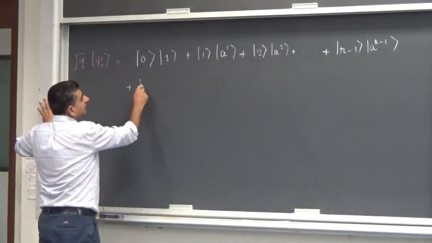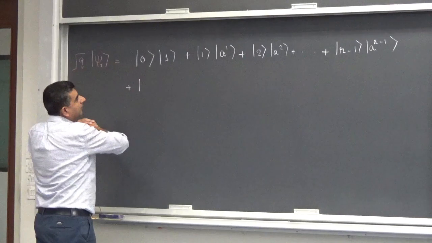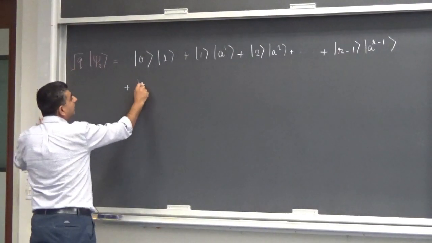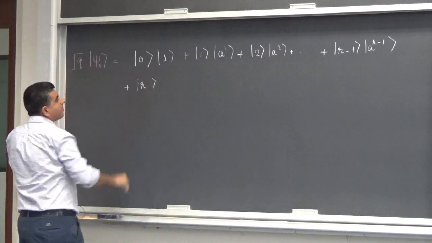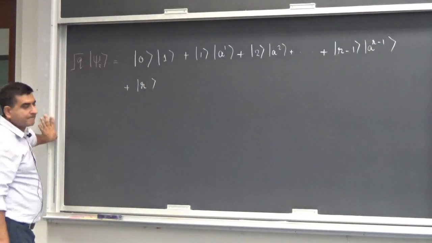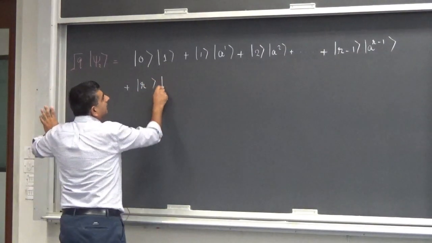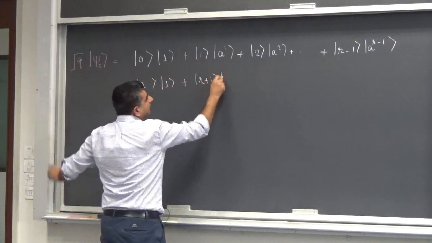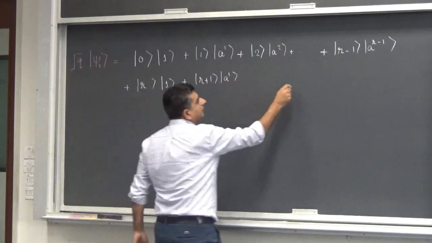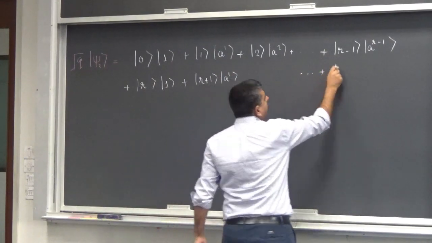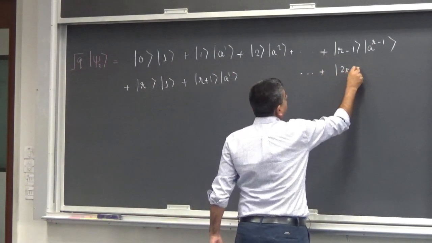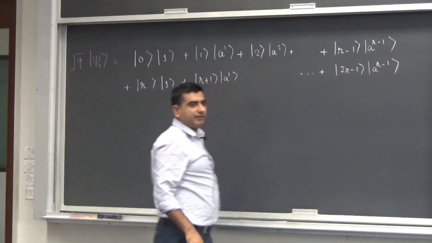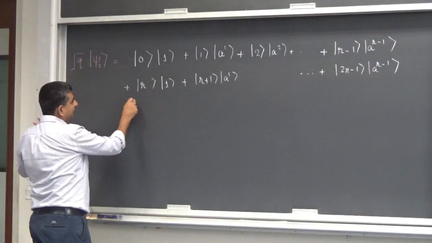Then I have r minus 1, then I get r, one plus r plus 1, a1, all the way up to 2r minus 1, a^(r minus 1). Correct?